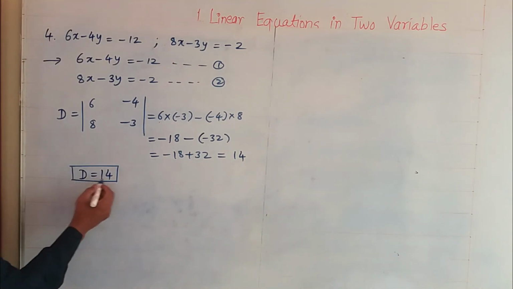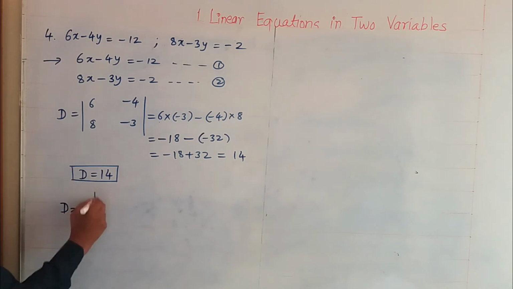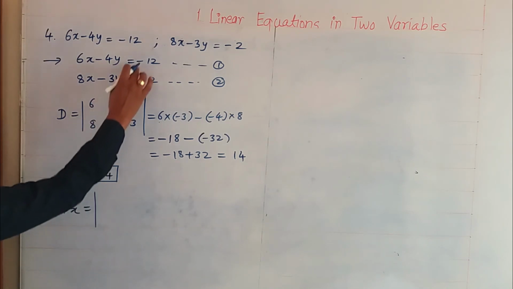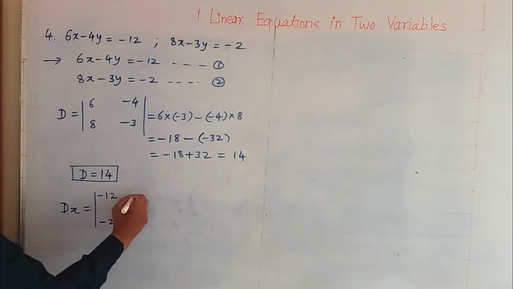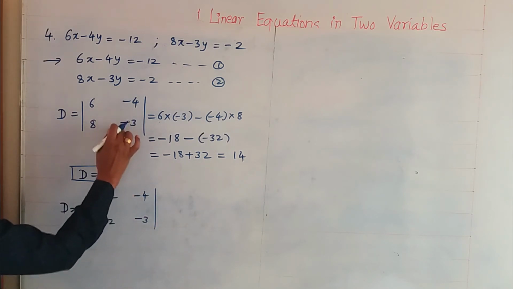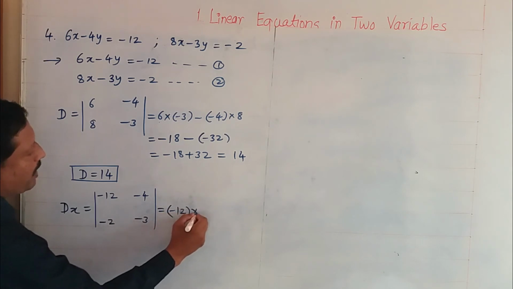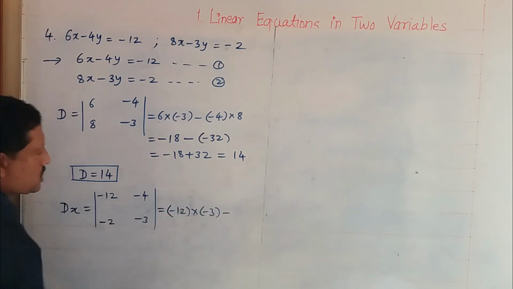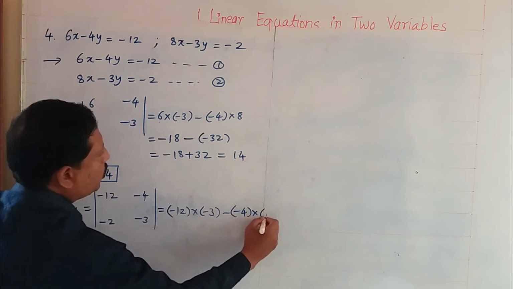After finding the value of this determinant D, write down the determinant Dx. Replace this coefficient with the constant terms minus 12, minus 2 and minus 4 and minus 3. The coefficient of y keep as it is. Find the value. Minus 12 into minus 3 minus this negative 4 multiplied by this negative 2.